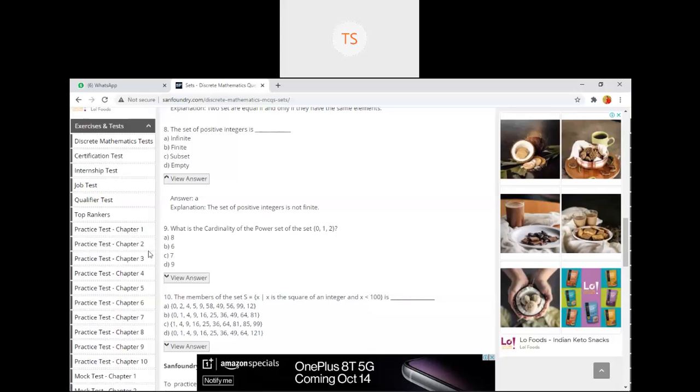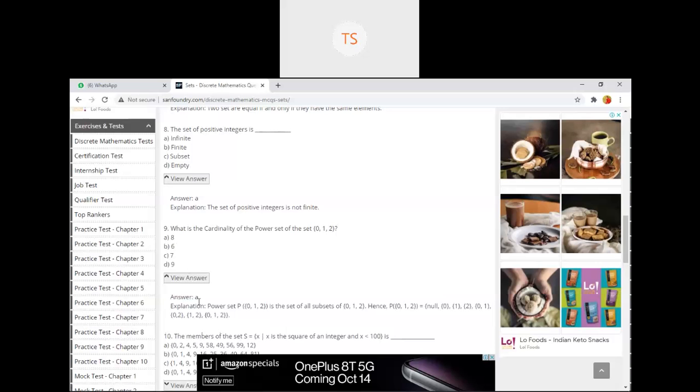Are you getting my point? 2 cube is 8. So the correct option is option A. The explanation is that the power set is the set of subsets of {0, 1, 2}. Hence you can write out the subsets or just use the formula 2 to the power n. So the correct option is option A.